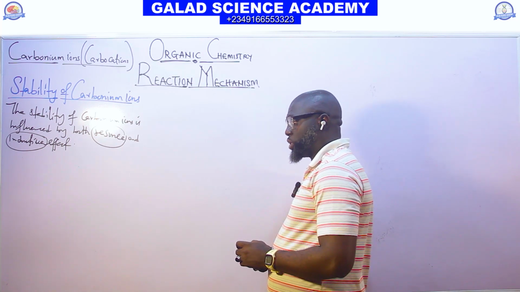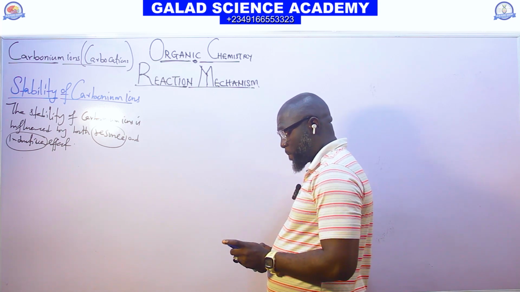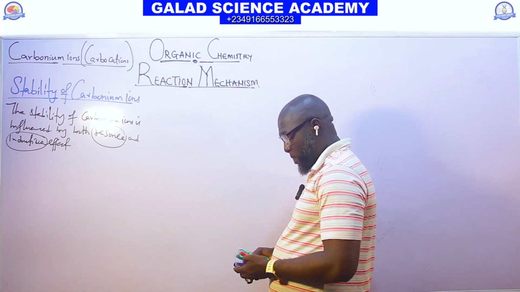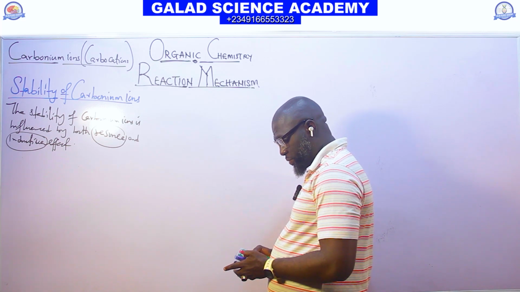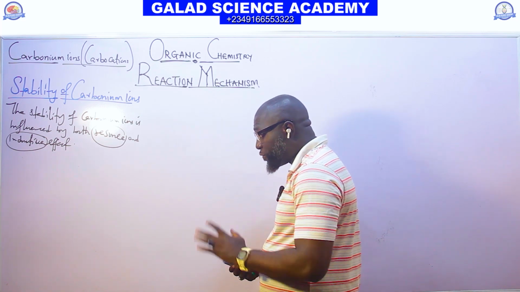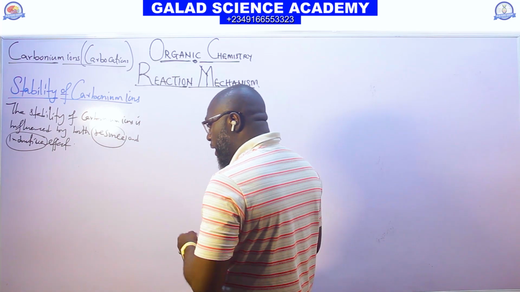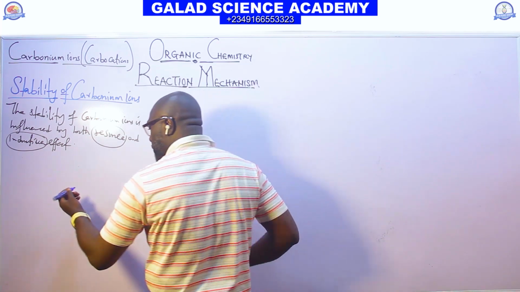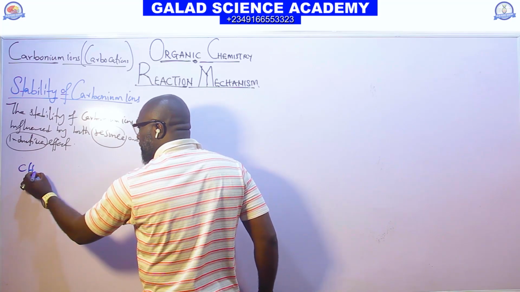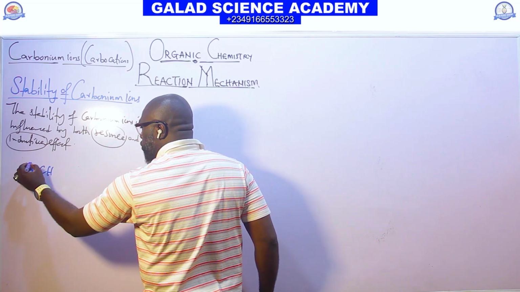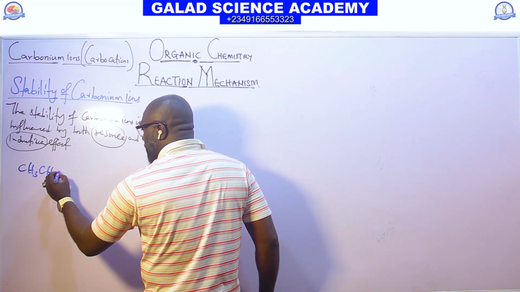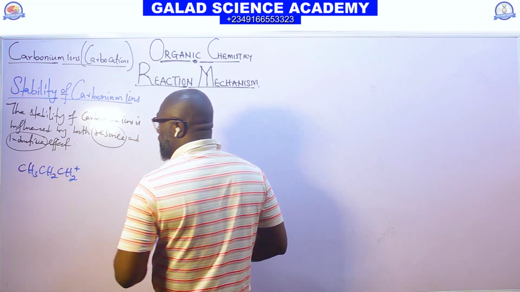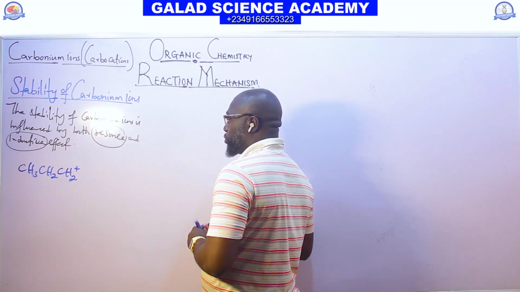Let me ask you this question. Which of the following compounds explain the stability of the following carbonium ions? One, we have CH3CH2CH2 plus.